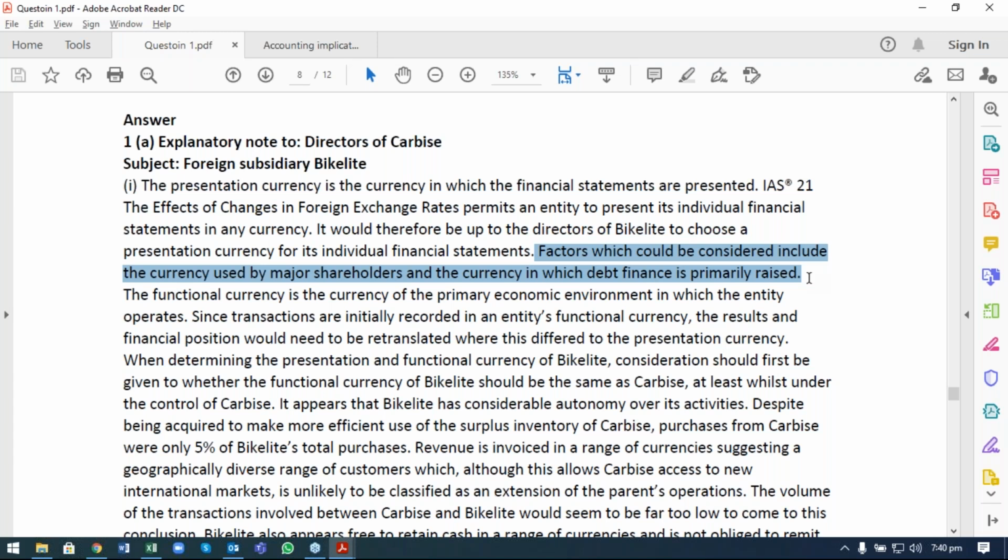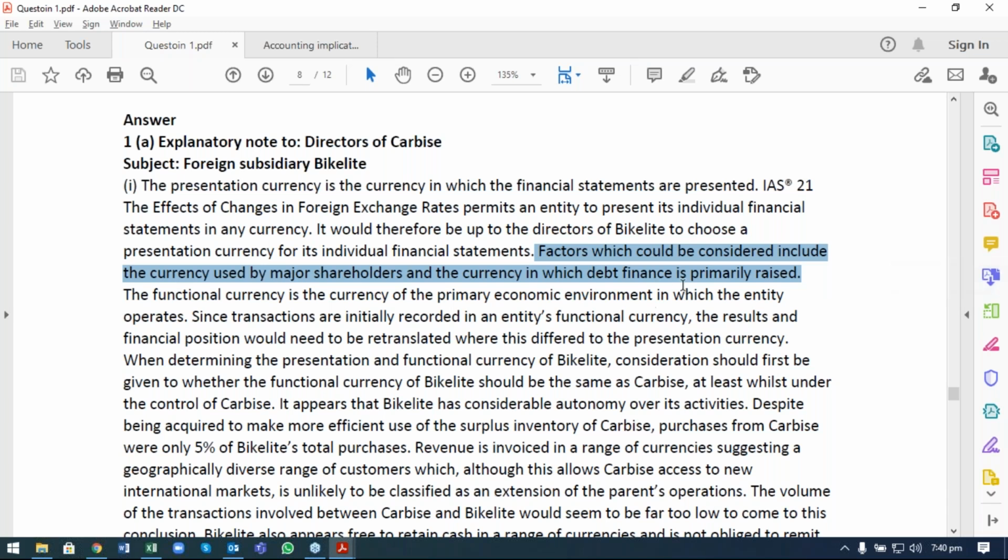So the company which is located in the UK, with 90% of its shareholders from the UK, those shareholders have provided the funds in UK pounds. So the company is required, by default, to present its financial statements in UK pounds rather than dollars.